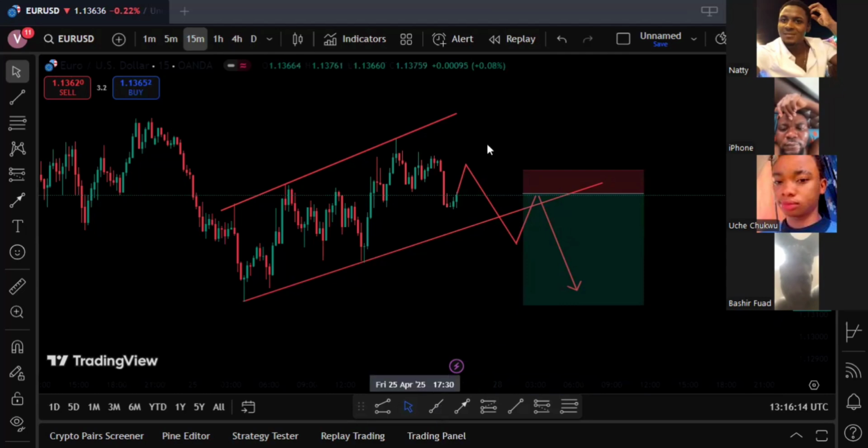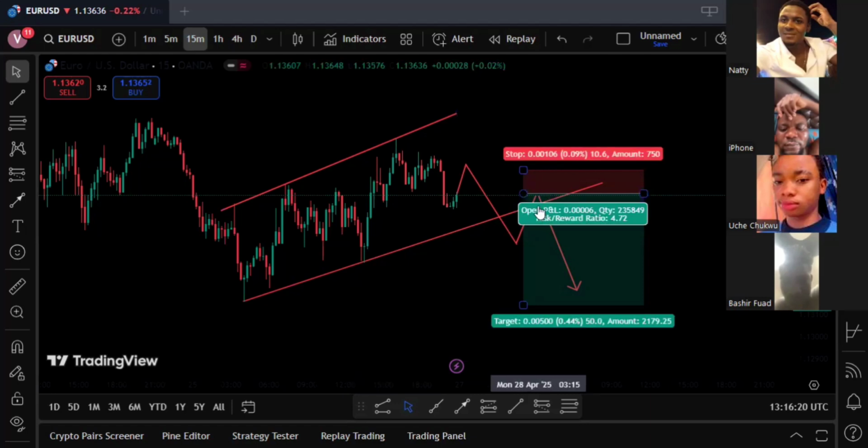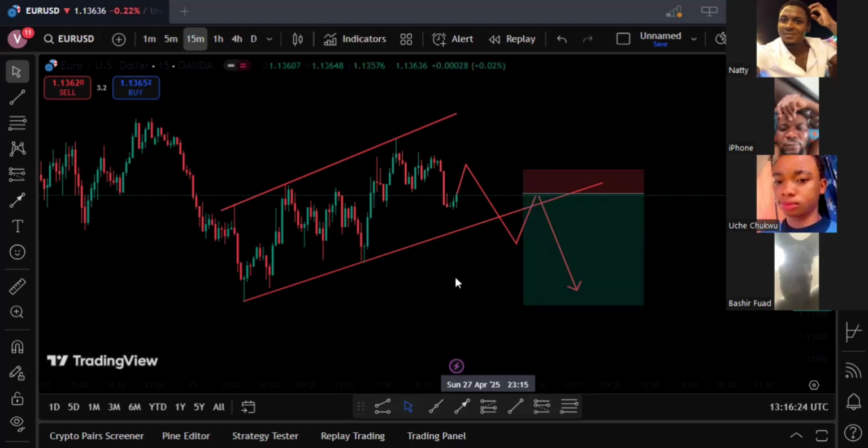But within the pattern, you can also plot your Fibonacci retracement. But our focus is here and here. So that is it. Do you have another question or are we clear with this? We are clear.